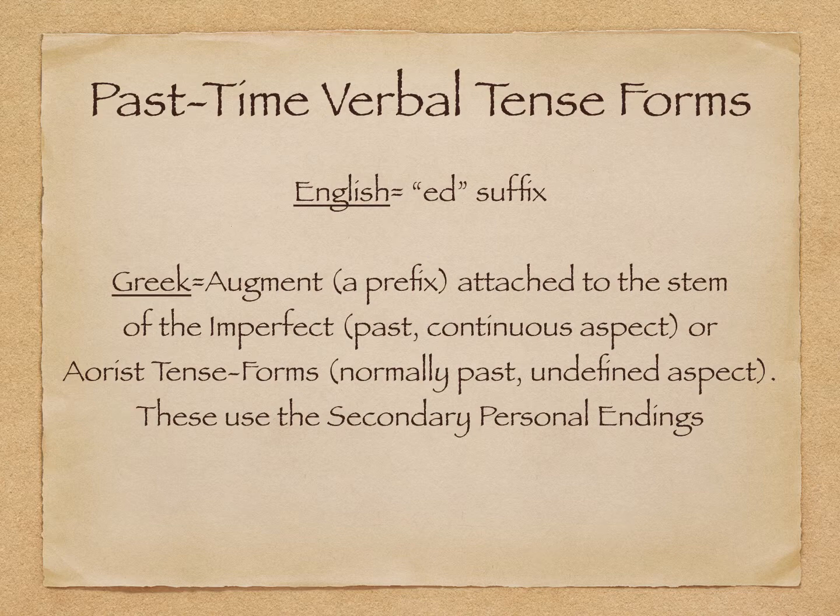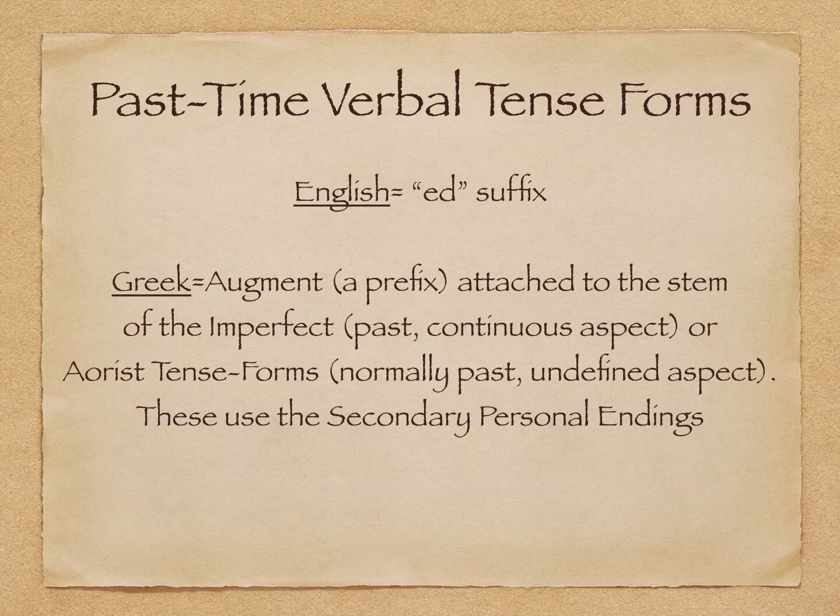English has the ed suffix, Greek has a prefix, an augment, and attaches to the stem of the imperfect or the aorist tense forms. The aorist is normally thought of as a past action, but not always, and we'll talk about that toward the end of our slide presentation here today.